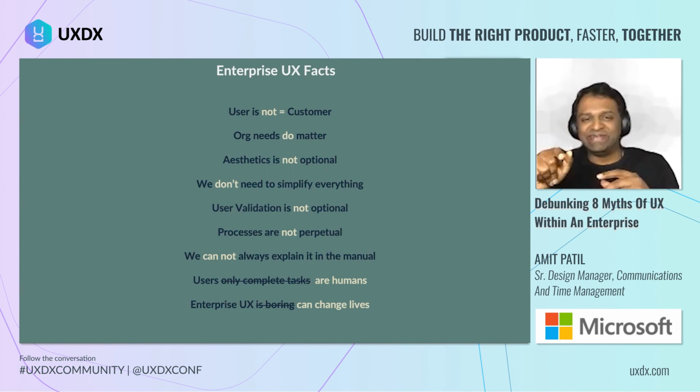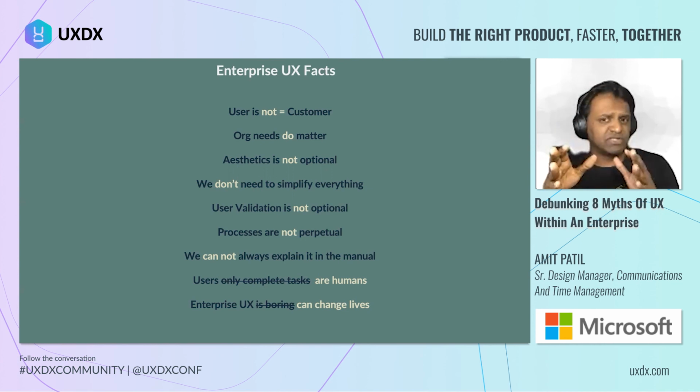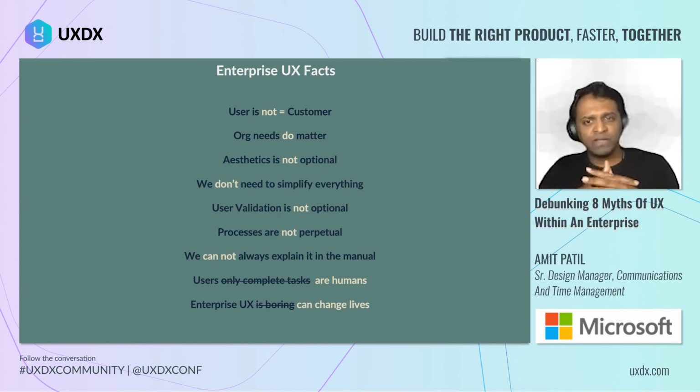User validation is not optional. Make sure you validate with your users before you go out there. Processes are not perpetual. Things are not going to remain the same always. We cannot always explain it in the manual. This is the extra one which I didn't talk about: users are human beings, and above all, enterprise UX can change lives.